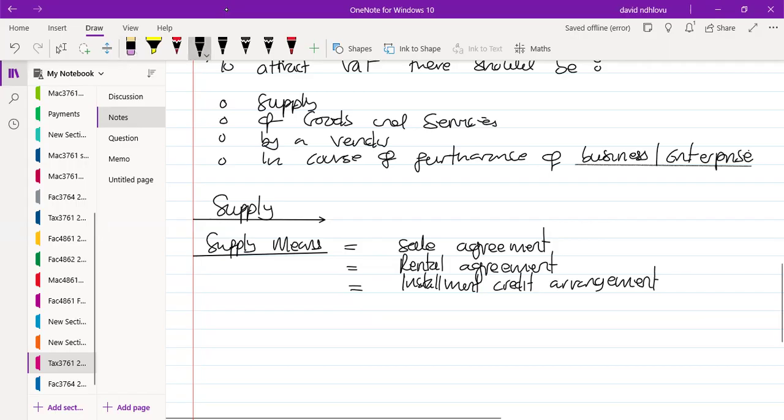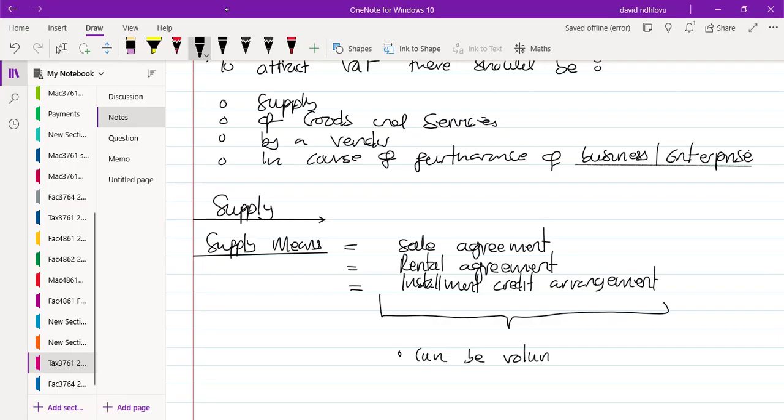What must be clear about all of this is that a supply can be voluntary. A supply can be compulsory, e.g., by way of law.